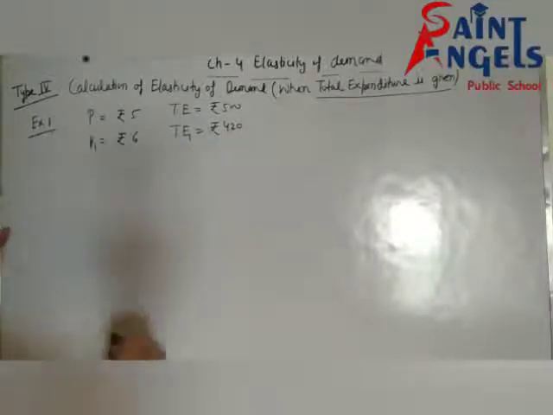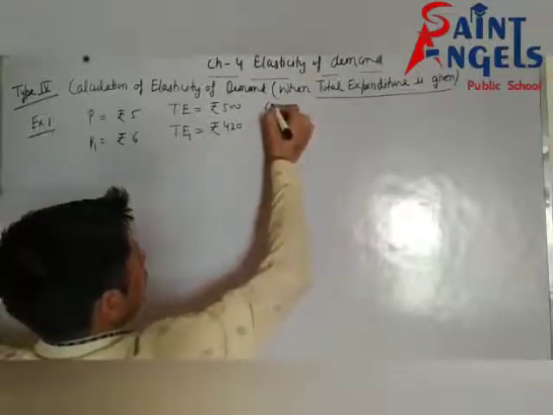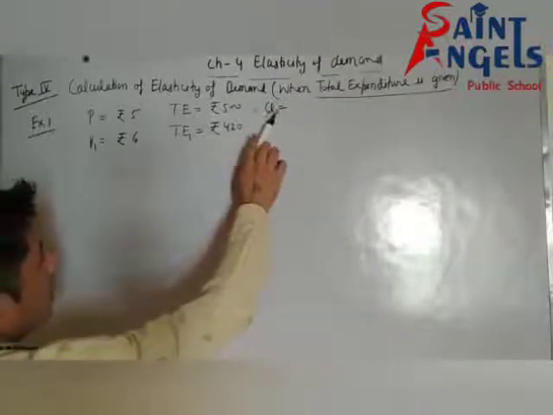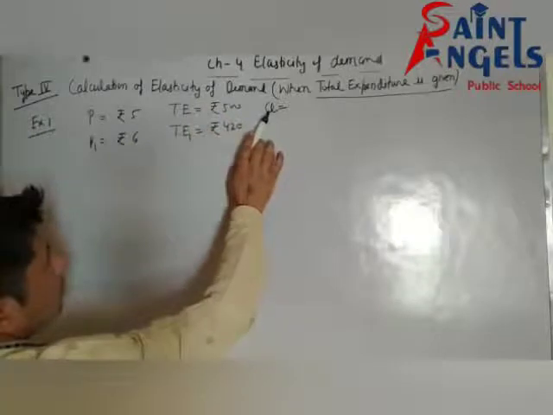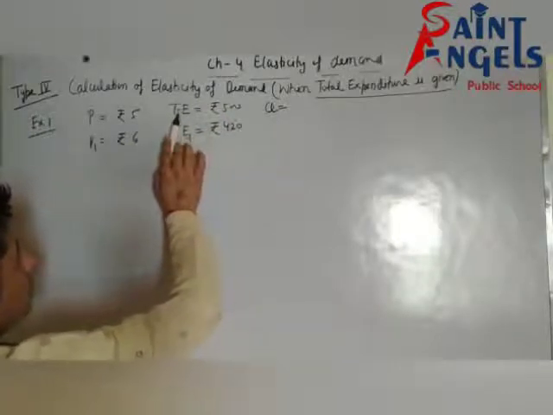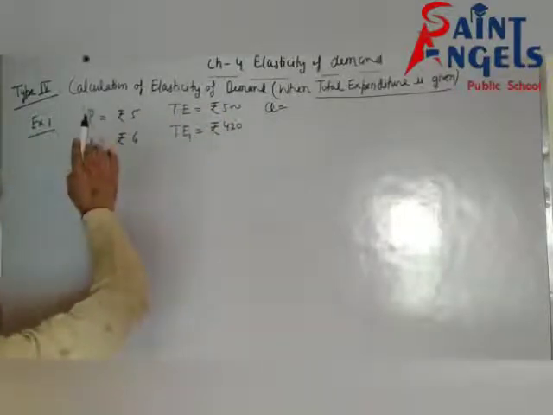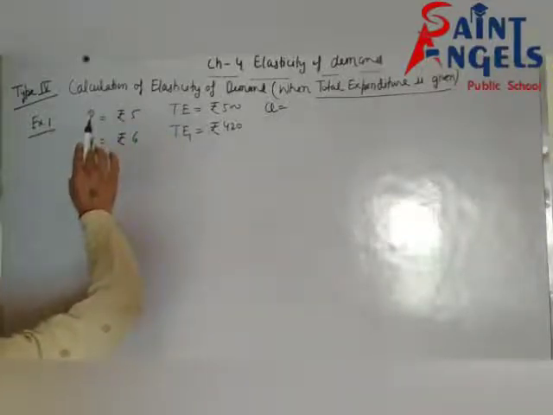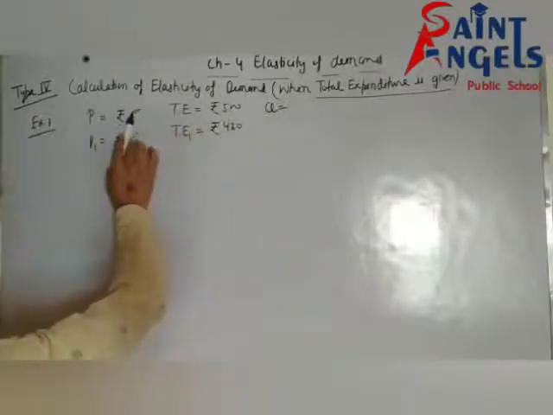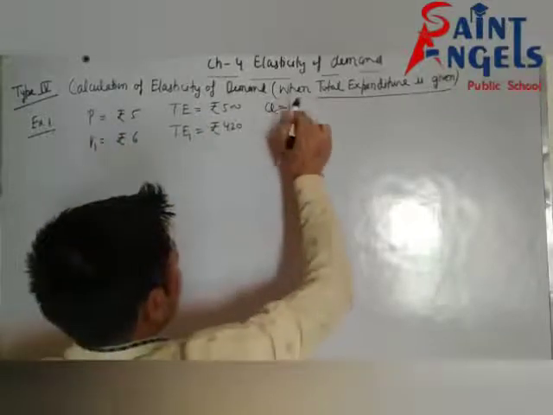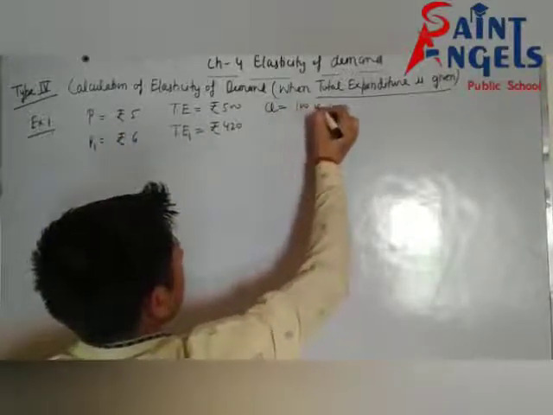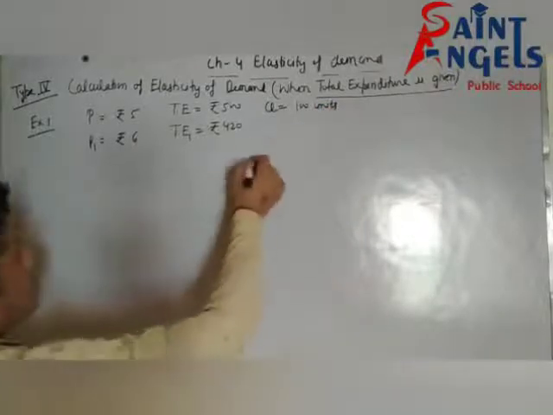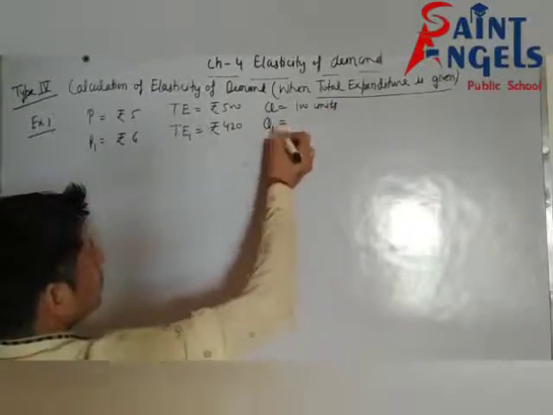Suppose if you want to find initial quantity, then what is the formula of initial quantity? Initial total expenditure divided by initial price. So 500 divided by 5 means 100 units.